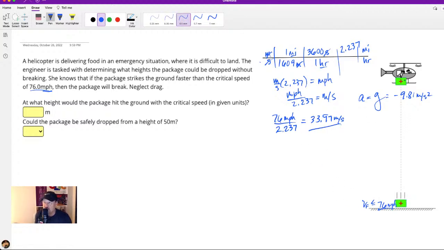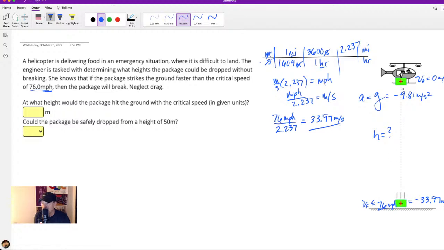So when you drop something out of the helicopter, what is V initial? V initial is 0 meters per second. V final is going to be negative 33.97 meters per second. So then our acceleration is g, and our height is the question mark. Okay? So now we've got a couple of scenarios here.